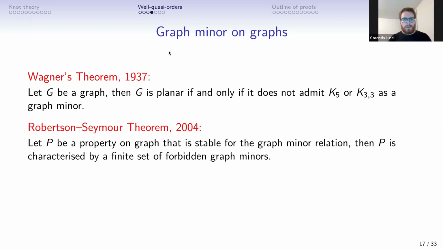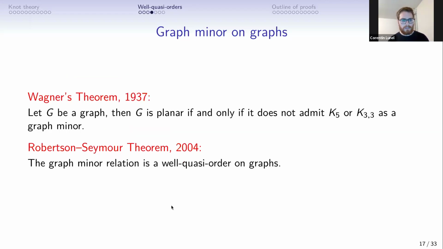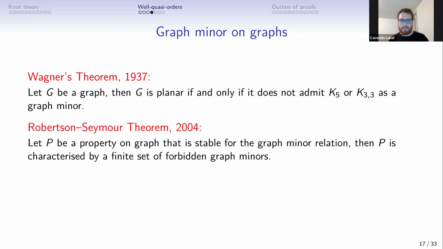So, what is linked with well-quasi-orders? In fact, they do not present the theorem that way. The way the theorem is stated is that the graph minor relation is a well-quasi-order on graphs. And this implies that every such property is characterized by a finite set of forbidden graph minors.